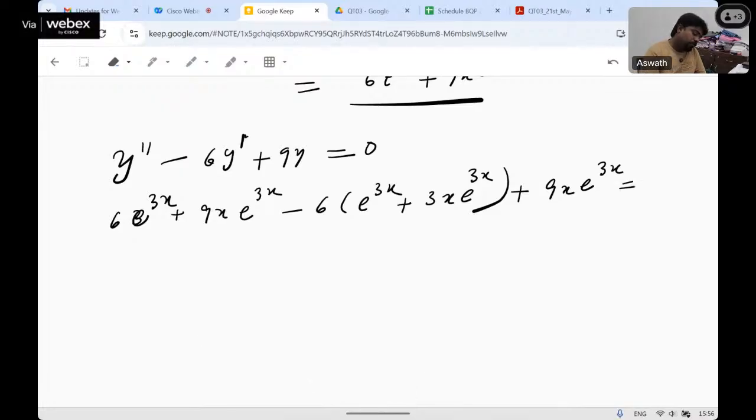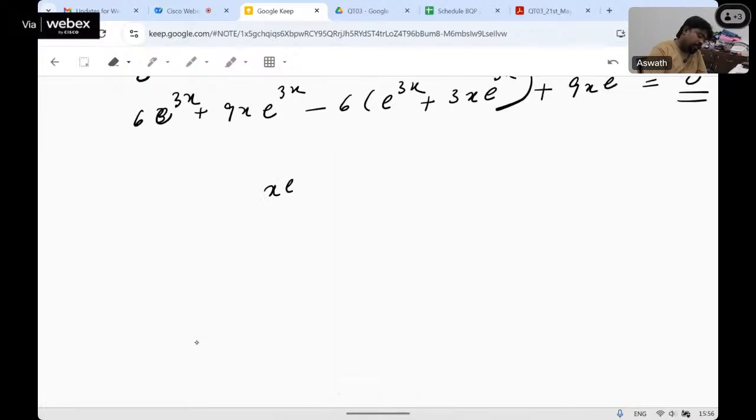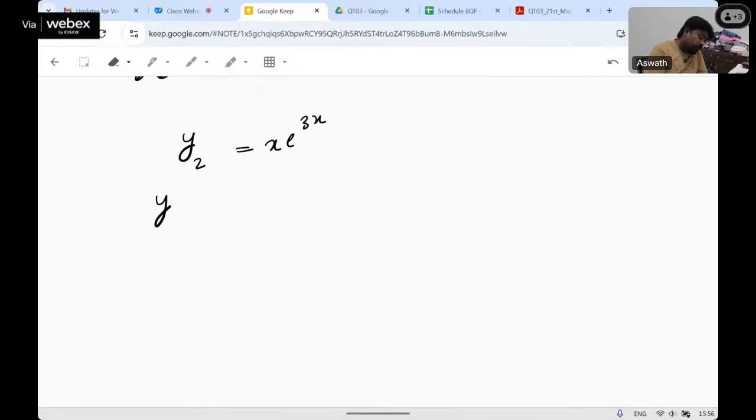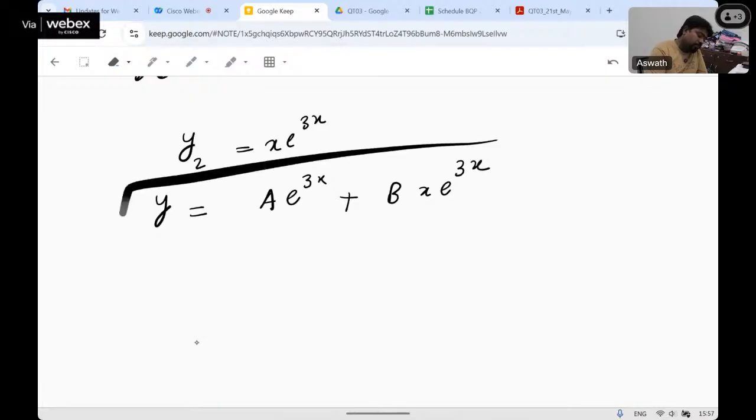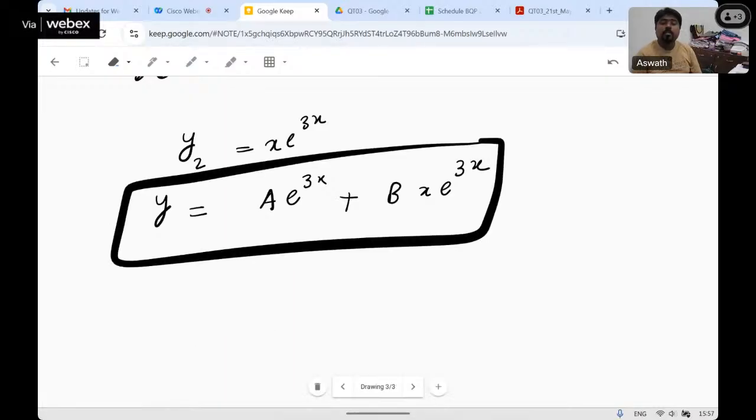If you simplify this, it is going to be 0, which means x exponential 3x is also a solution, which I am calling y2. So the overall general solution would be a into exponential 3x plus b into x exponential 3x. This is how we have to keep on generating independent solutions, and from the independent solutions you can find the general solution.